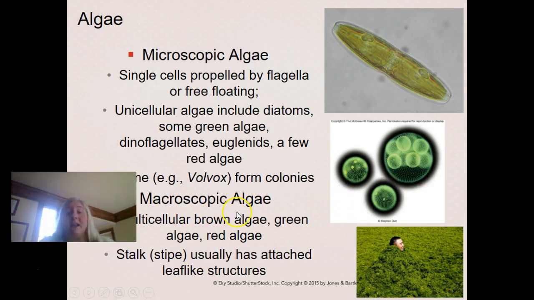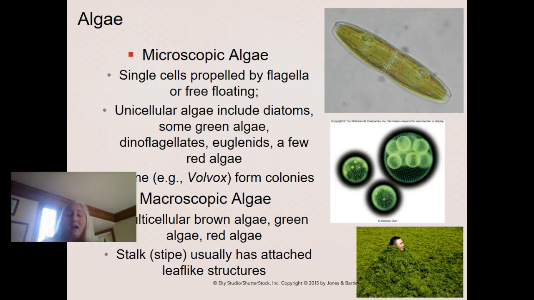Then we have some algae that are macroscopic, and there's a man standing in a river of algae. Algae that are macroscopic can be either brown, green, or red algae. They have a special stalk that contains a holdfast on it to hold the algae in place.